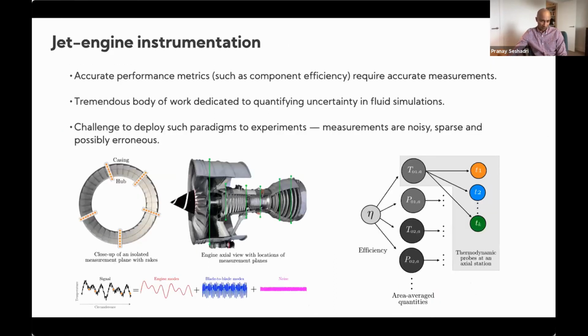So accurate performance metrics, such as component efficiencies and pressure ratios in an engine, require accurate measurements. And while there's been a tremendous body of work dedicated to quantifying the uncertainties in fluid simulations, it's challenging really to deploy those paradigms that have been tailored for CFD directly onto experimental data. And the reason is that experiments are noisy, sparse, and possibly erroneous.